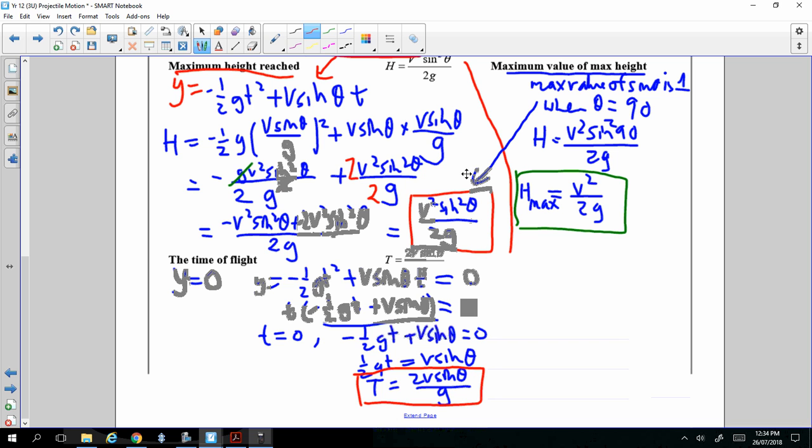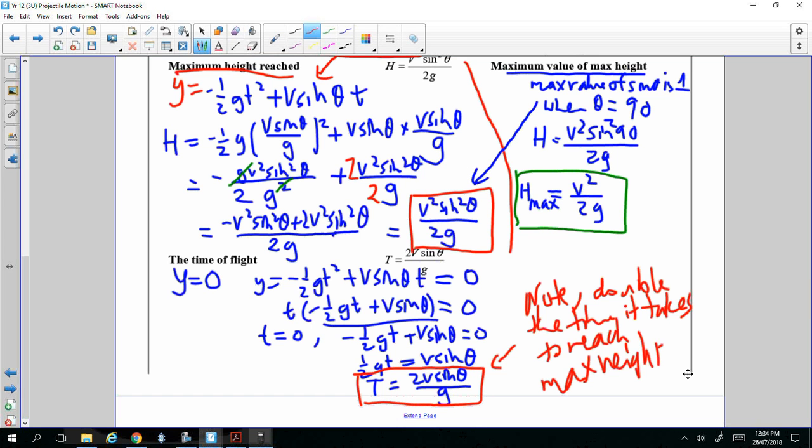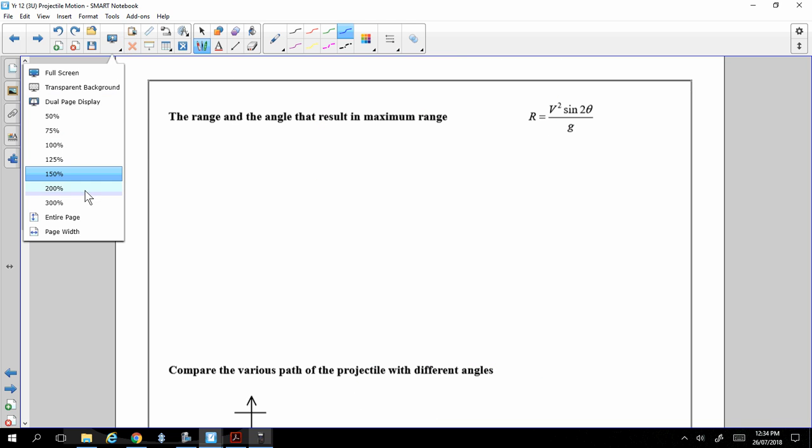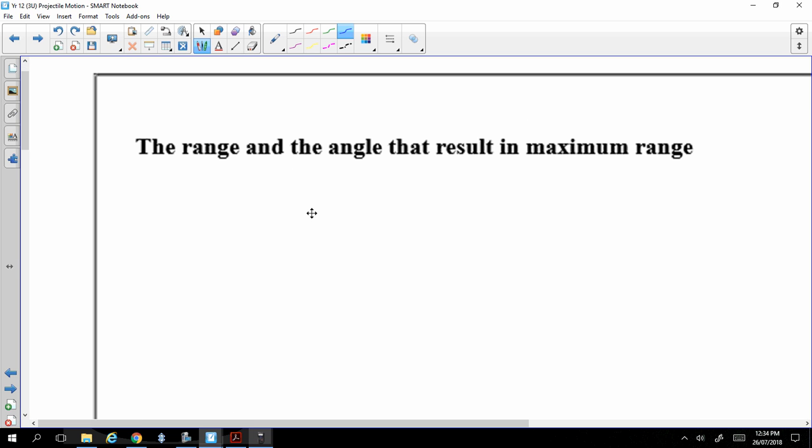Again, we've got the maximum height, so let's find the range. How do I get the range? We substitute the time of flight, 2v sine theta over g, into x equals v cos theta t. The range R is how far you reach the ground.